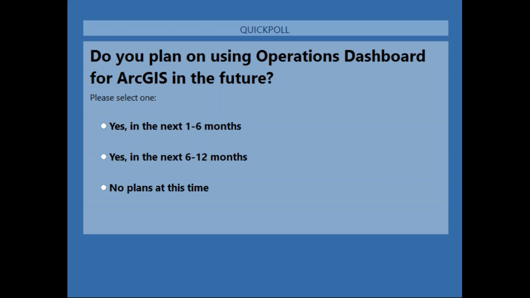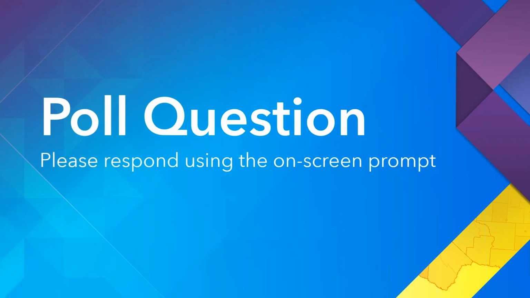This will help us determine how we can also provide additional training, additional activities to help you along the way over the next 12 months. So if you would take a moment just to give us a sense of where you think you might be in the use of Operations Dashboard to provide situational awareness for your organization, and we'll tailor some activities in the future based on that. So I'll give you just a second to answer the question.